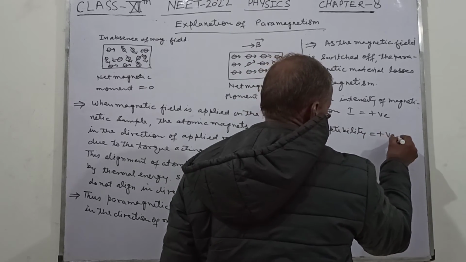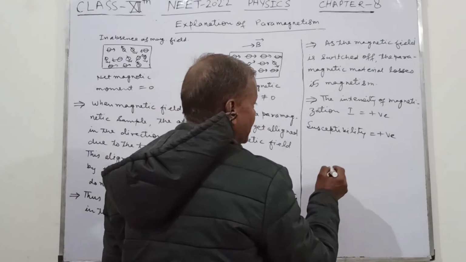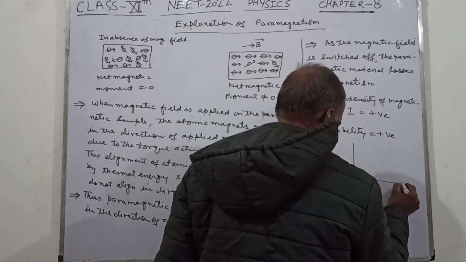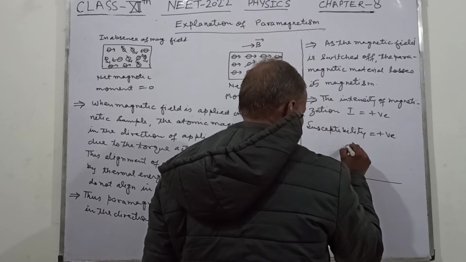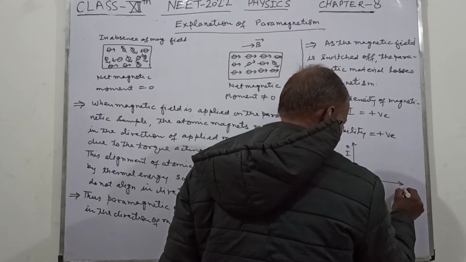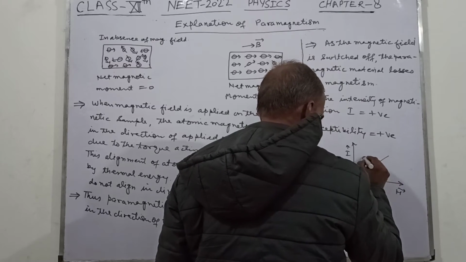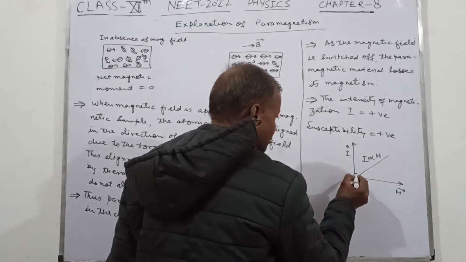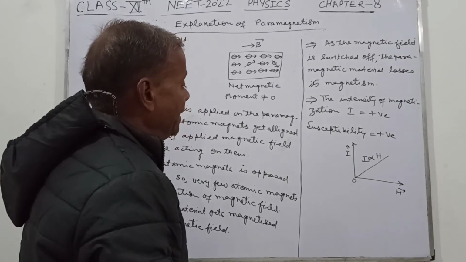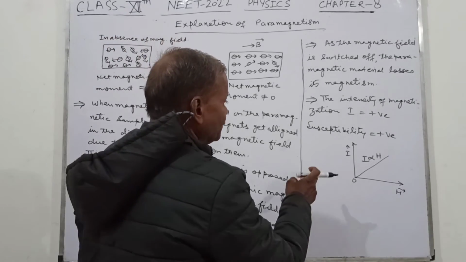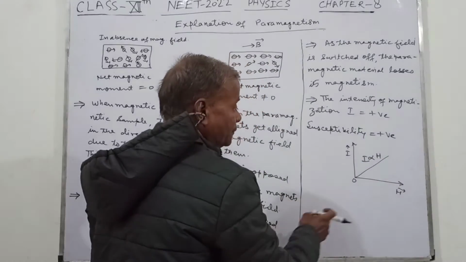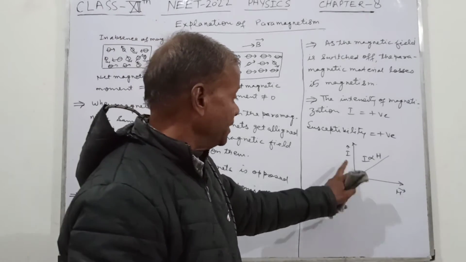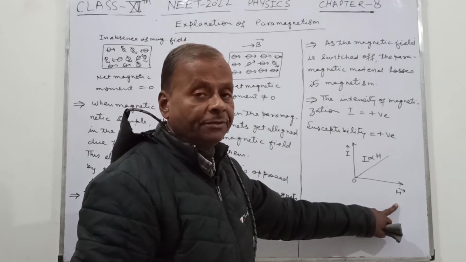Suppose this is now I in this direction, and this is the applied magnetic field in this direction, then I is proportional to H. So this I is positive, and I increases with the increase of the applied magnetic field. So I depends upon H, or the magnetic field B.